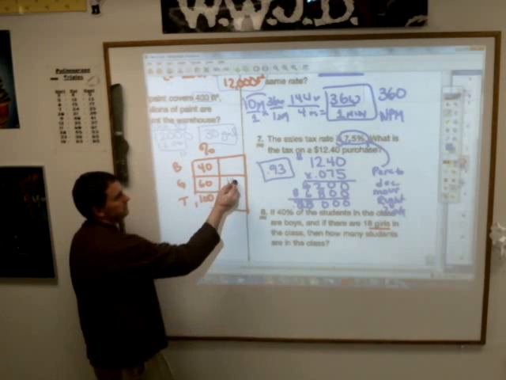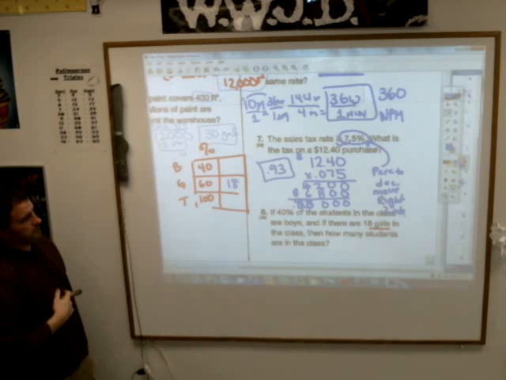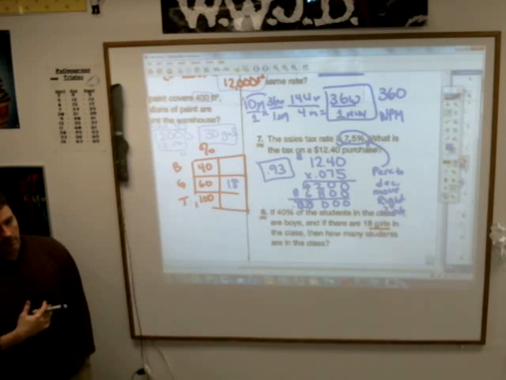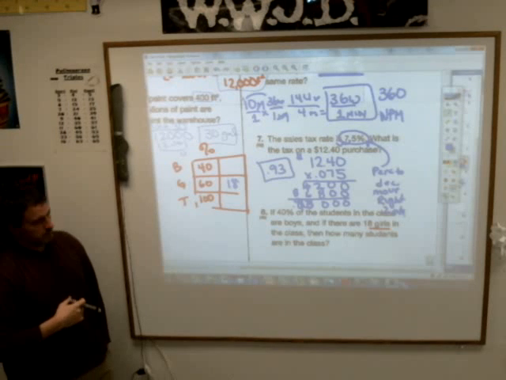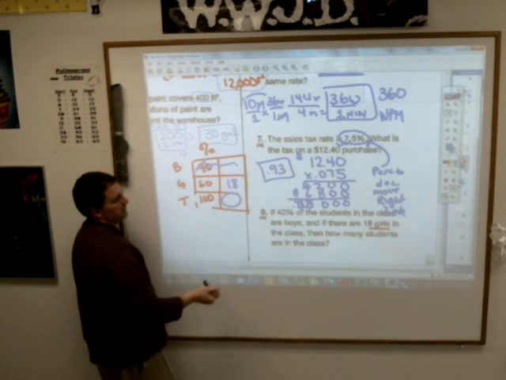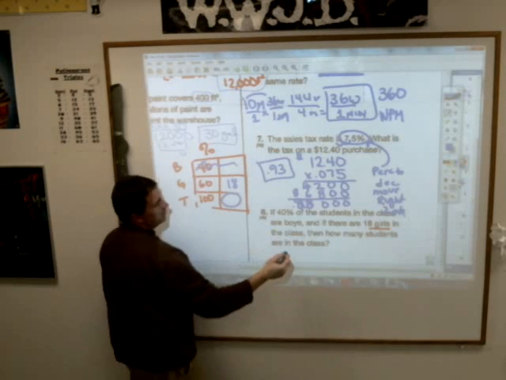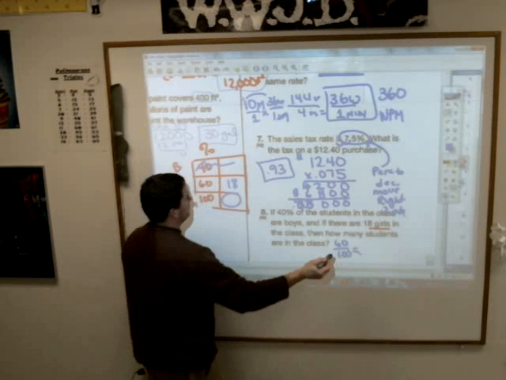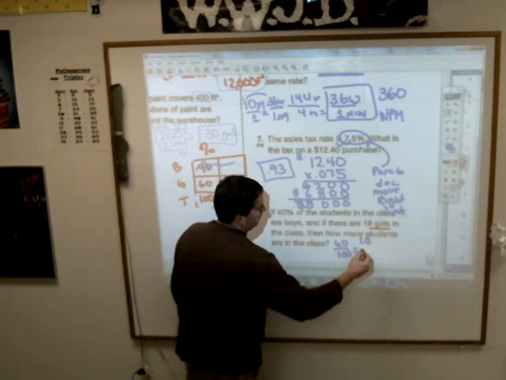So 18 goes here. And what am I looking for? Looking for how many boys or how many total? How many children? Right, so this is the one I want, and I don't need this because it's a box there. So my equal ratios are 60 over 100 equals 18 over what number?